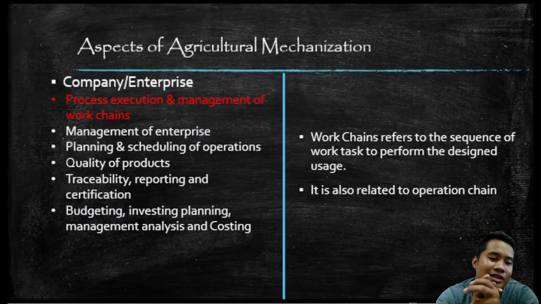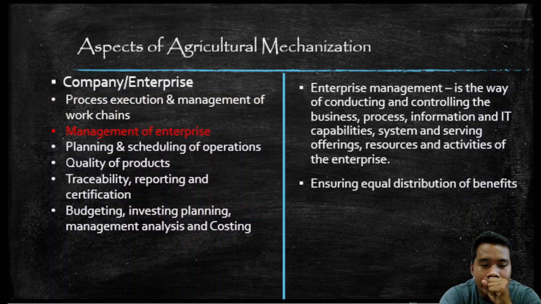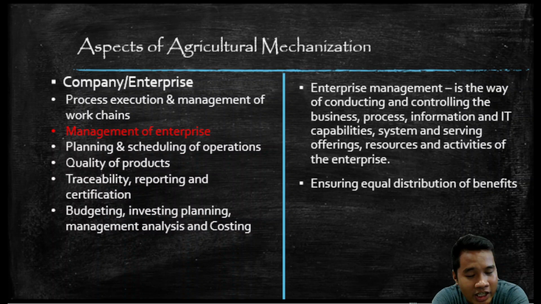So, it is also related to operation chain. So, what are the different operations to achieve the design usage, for example? The third one is management of enterprise. Enterprise is very important. Okay, enterprise management is the way of conducting and controlling the business process, information, and IT capabilities, system and service offering, sources and activities of the enterprise. Okay.